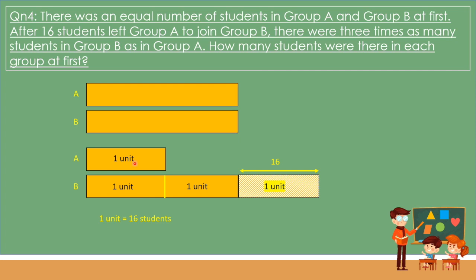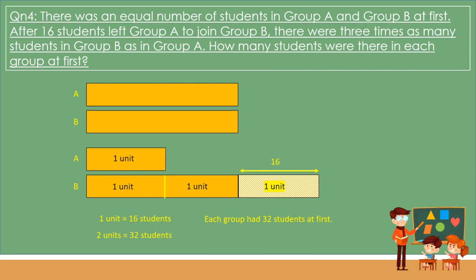So 1 unit equals 16 students, and 2 units equals 32 students. So the number of students in each group at first is actually 32 students, because 2 units are in each group at first. Okay, so each group had 32 students at first. I hope this part was clear.